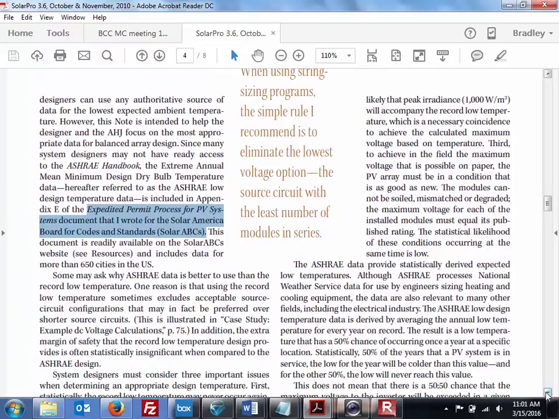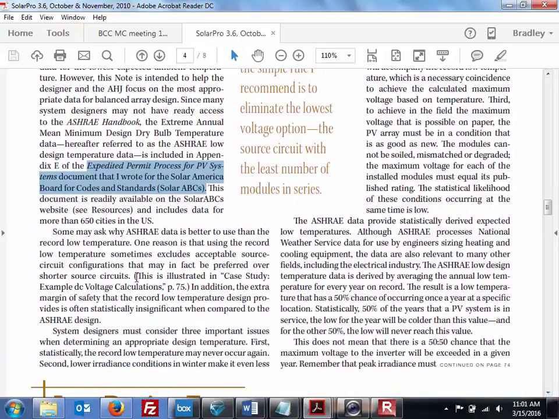Okay. Here's another thing to consider. Shorter source circuits. We spent a lot of time when we were putting this West Campus solar initiative together to figure out how to reduce the length of the wires. A couple reasons.